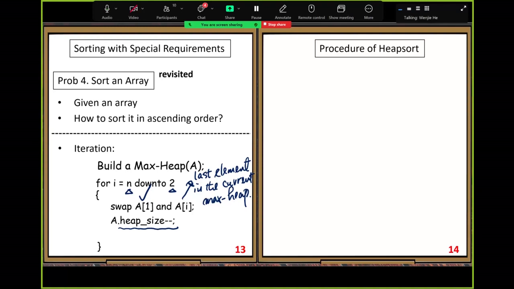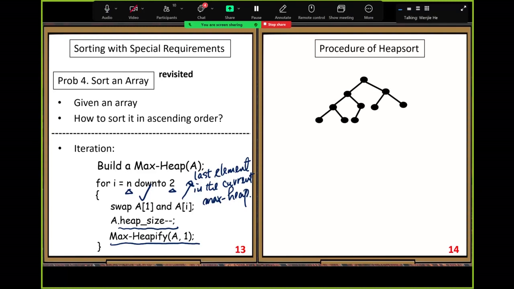After that we run the max heapify function another time. In this way, after we complete this function, we get the whole array sorted. But we need to estimate the total cost.